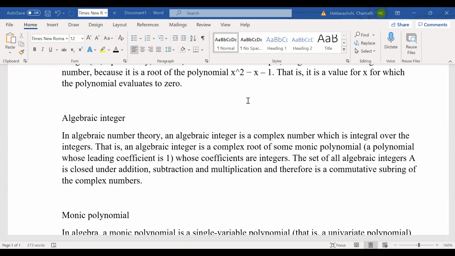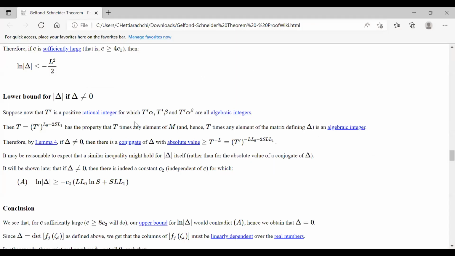So let's get back to the theorem. We have that t prime alpha, t prime beta, and t prime times alpha to the beta are all algebraic integers. Then we create another number called t by raising t prime to the power L0 to SL1.